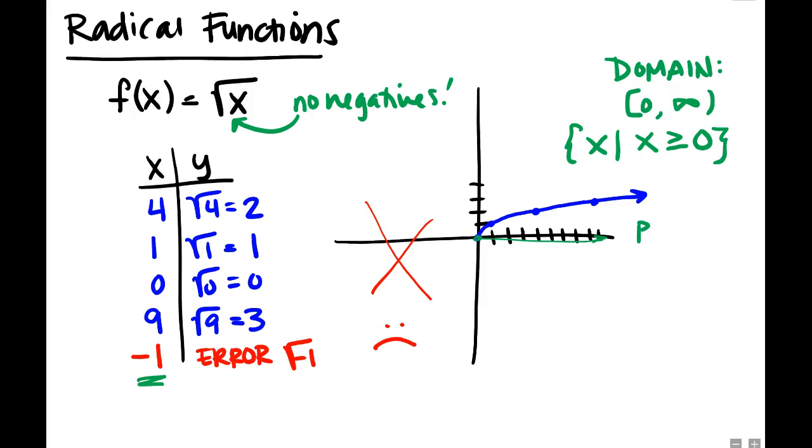Now the range. This is something that usually you're not even asked in, say, a Math 96, but definitely feasible and something we are capable of doing. Now the range is our y values. So we look down our y-axis, we don't have a graph until 0, and then we have our graph going up forever. So our range for this particular graph is the exact same thing, 0 to infinity.